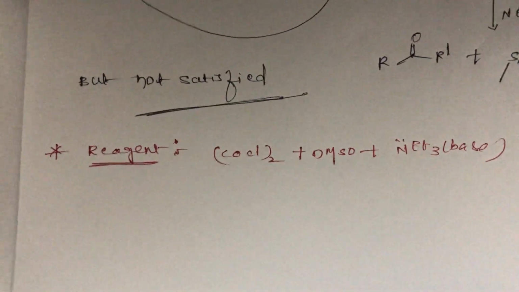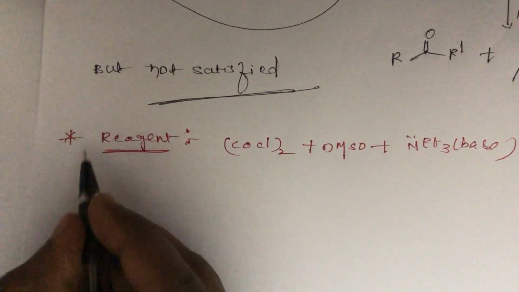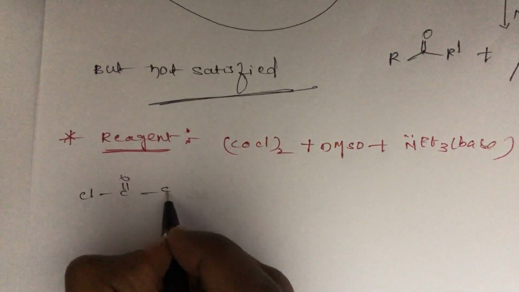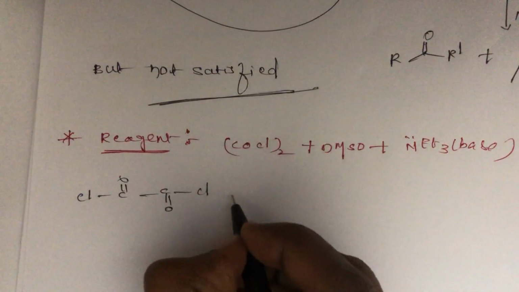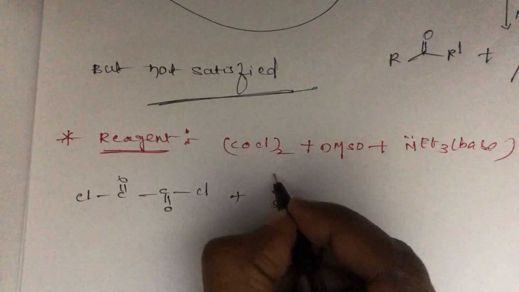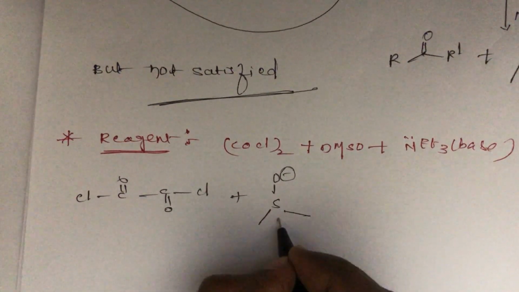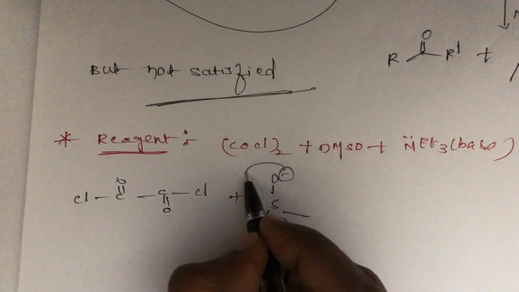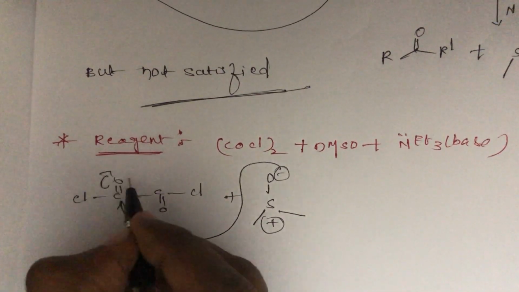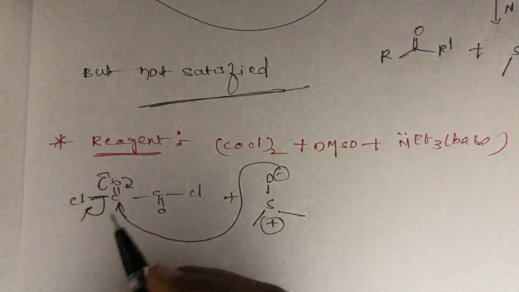If you see the mechanism, here we have Cl, C double bond O, Cl, it is treated with DMSO. So you can write DMSO, right? This electronegative atom migrates towards the electron deficient place, and this bond migrates here, and chlorine will leave.